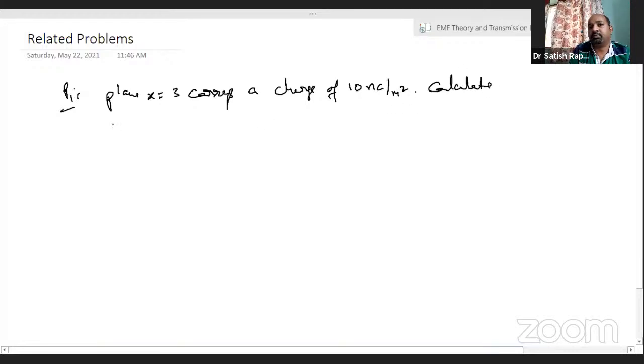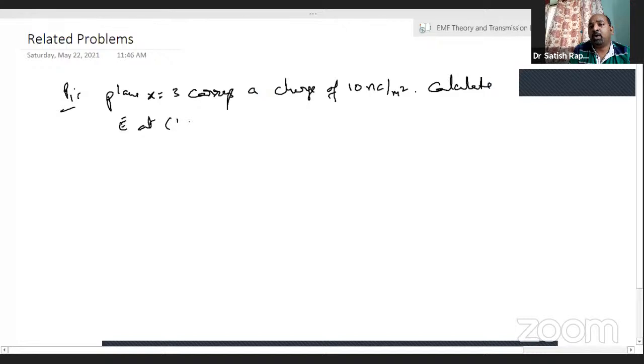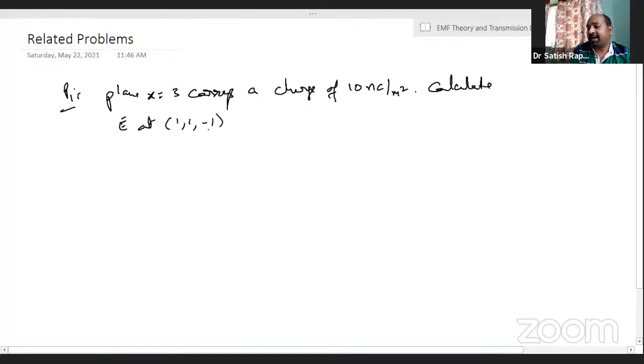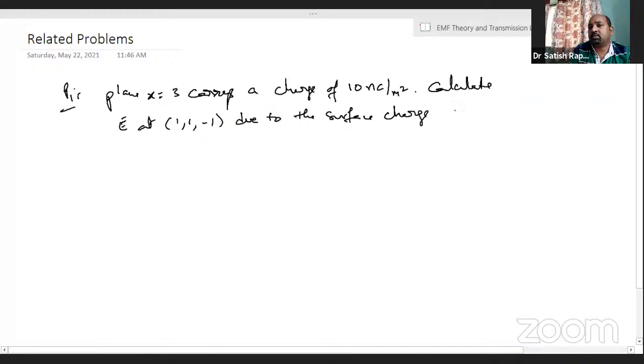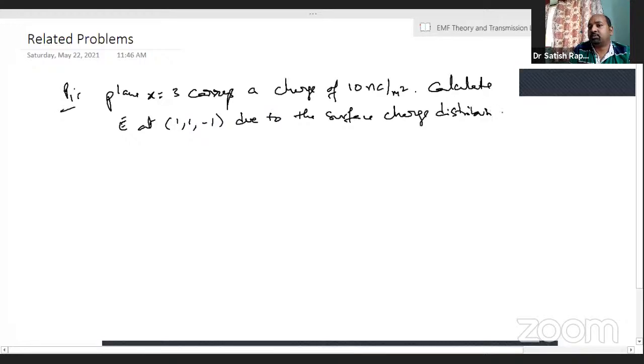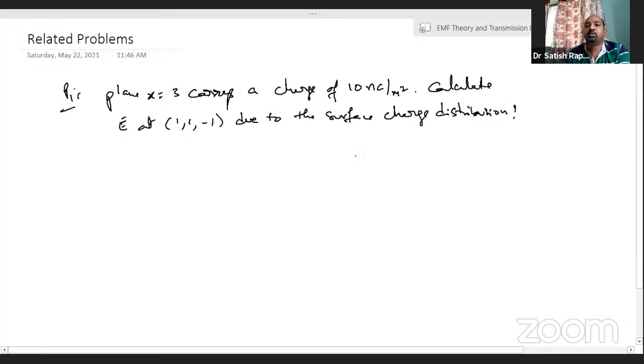Calculate E bar at (1, 1, minus 1) due to the surface charge distribution.